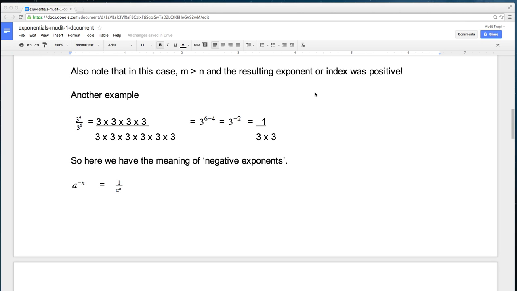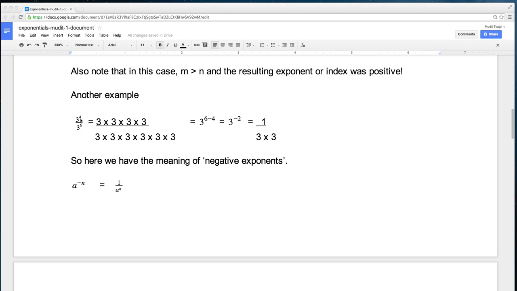Now in the previous example, m was greater than n, and so the resulting exponent, or the index, was positive. Now we take a different example. In this case, the exponent in the numerator is less than the exponent in the denominator.